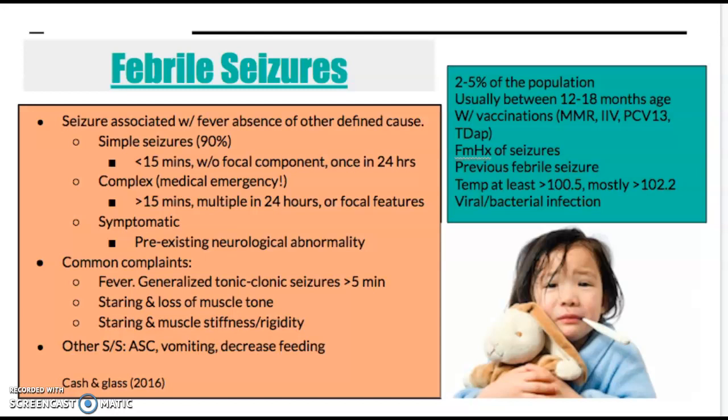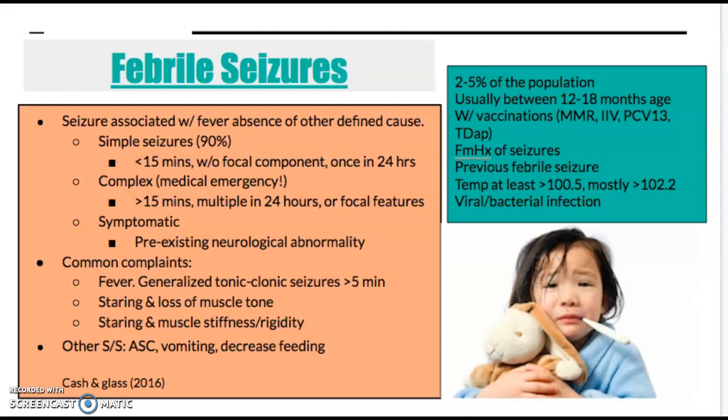Second, there are complex seizures. These are medical emergencies. They last longer than 15 minutes, there's multiple in 24 hours, and or there are focal features. Lastly, there are symptomatic seizures, and this occurs when there's pre-existing neurological abnormalities in the child already.